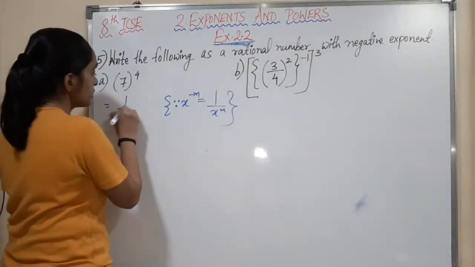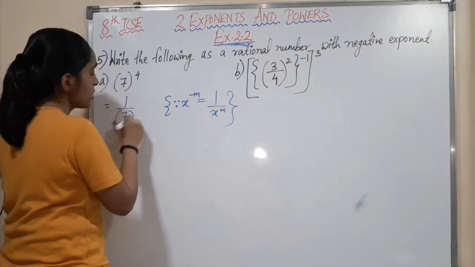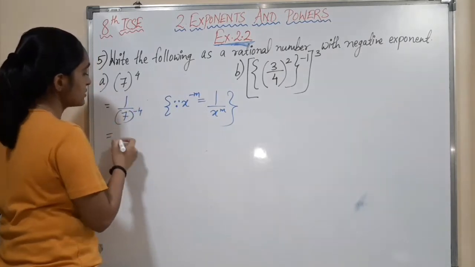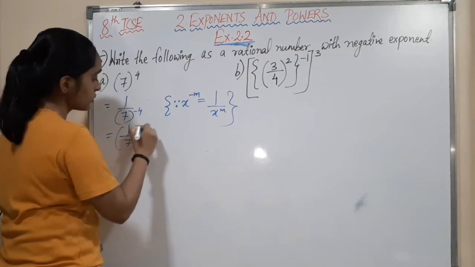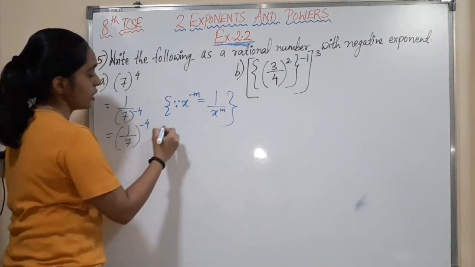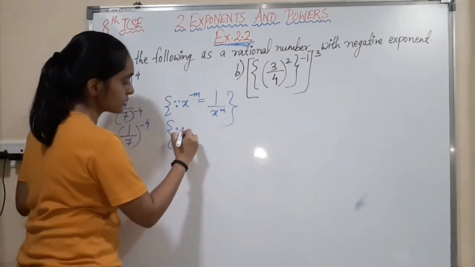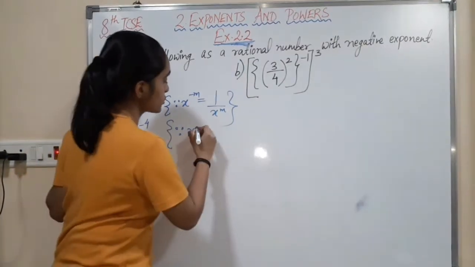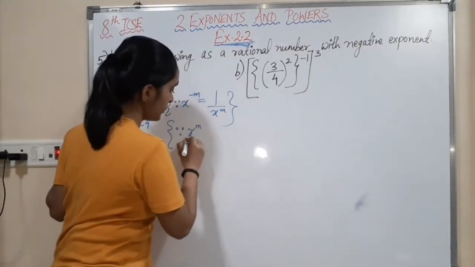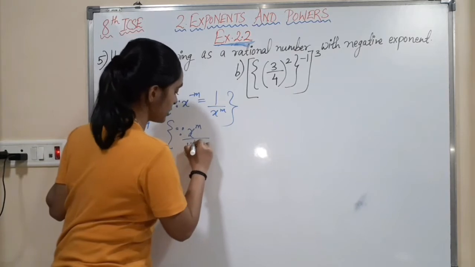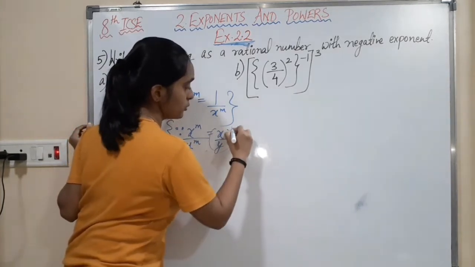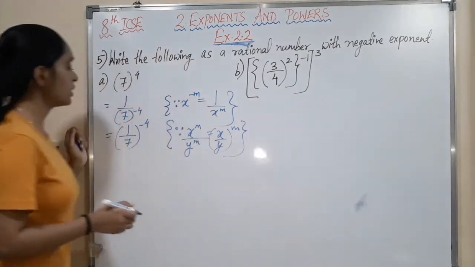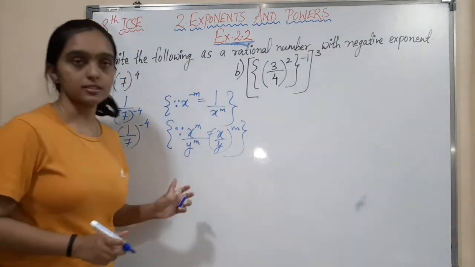So you will get 1 upon 7 raised to minus 4, that is you will get 1 upon 7 the whole raised to minus 4. Using which law? Using the law x raised to m divided by y raised to m equals x upon y the whole raised to m. Okay, so this will be your final answer.